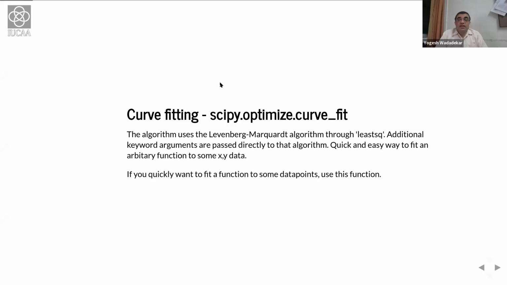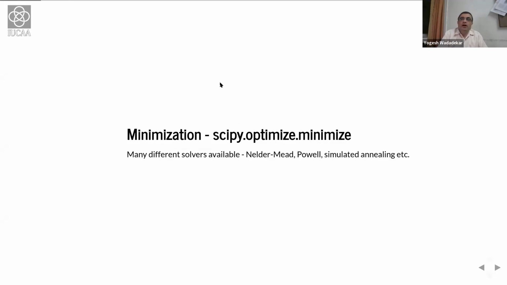But if you have a very, very complicated curve that you need to fit, or if you need to fit curves in higher dimensions, then this will not work for you, and you'll have to go for some more sophisticated algorithm, which you would likely find in this function, scipy.optimize.minimize.